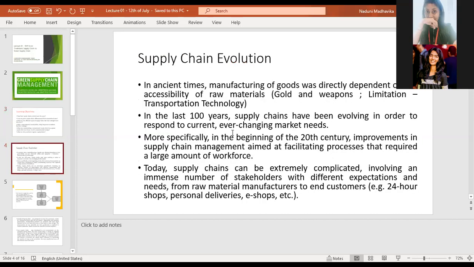Can someone tell me in which era this supply chain started? This logistics and supply chain concept, it runs back to which era? Military? Yes, exactly. Initially, logistics started in the military era.